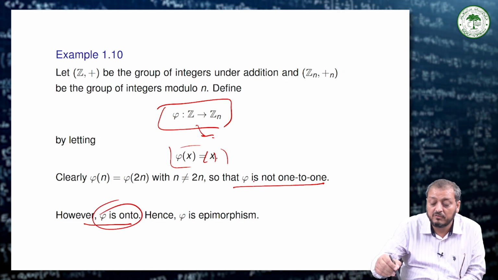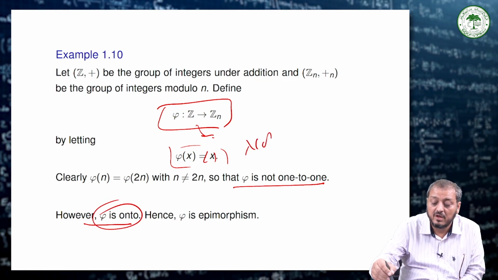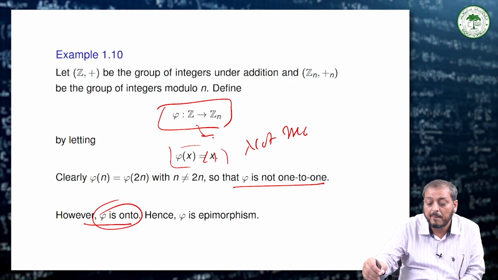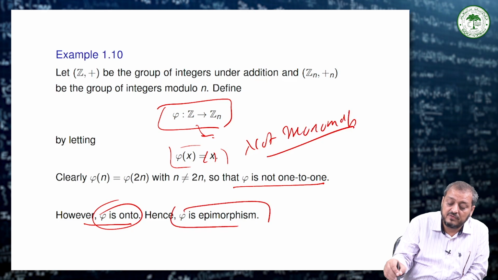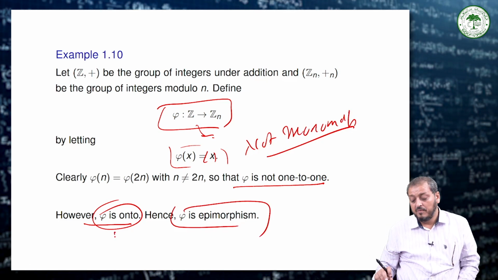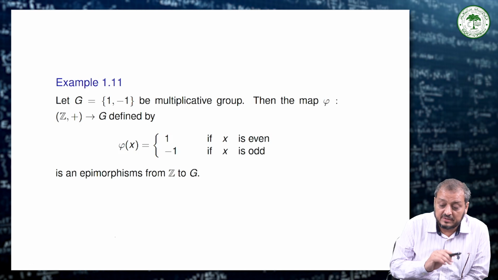Since it is not 1-1, it is not a monomorphism, but it is onto, so it is an epimorphism. Let us try this.